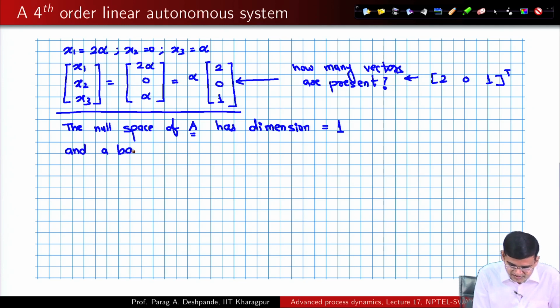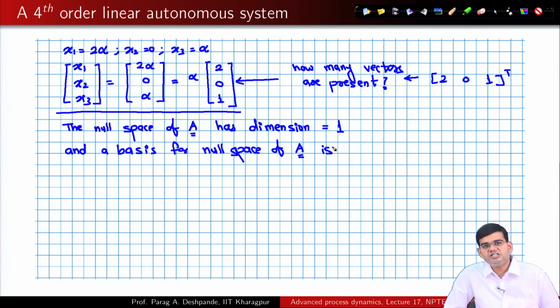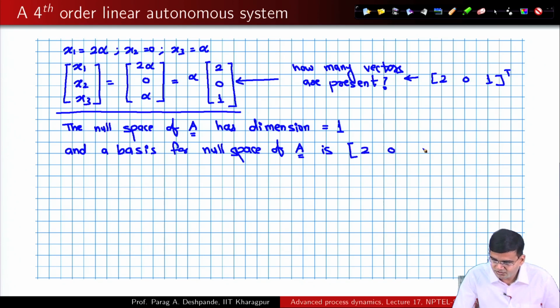And a basis for the null space of A is the vector which is present. So, the basis would be [2 0 1] transpose. So what do I understand by all of this?